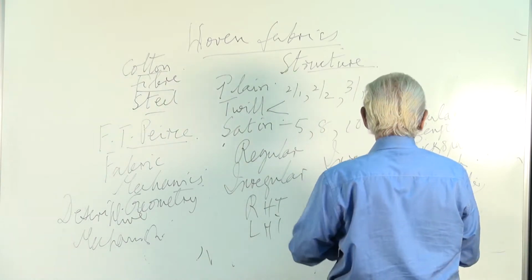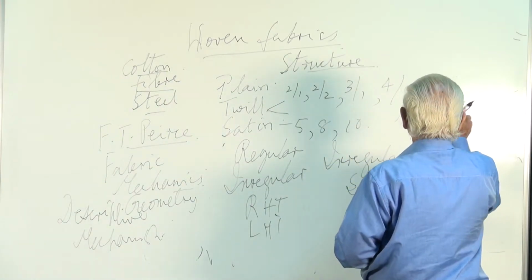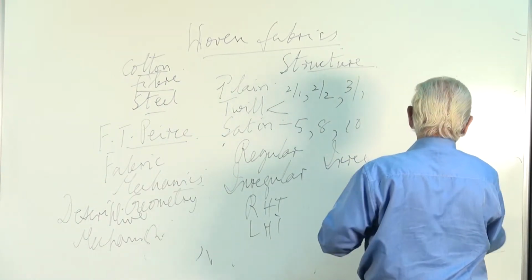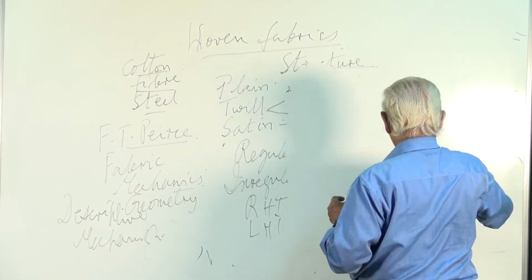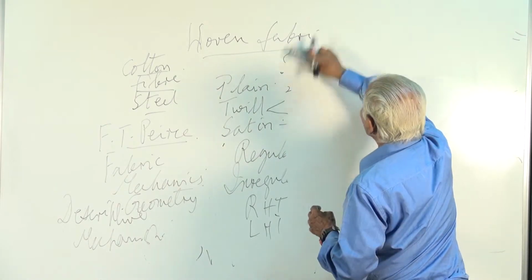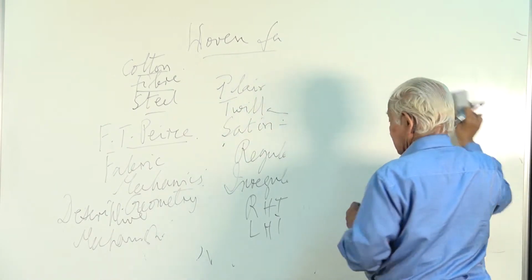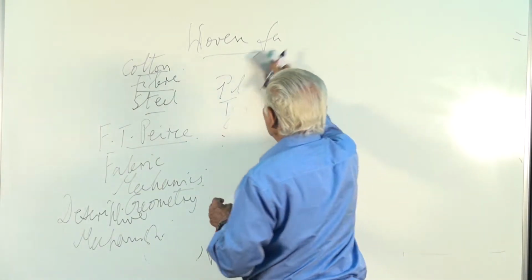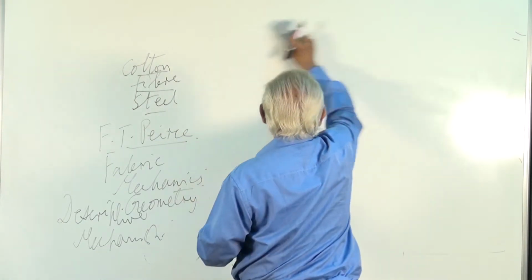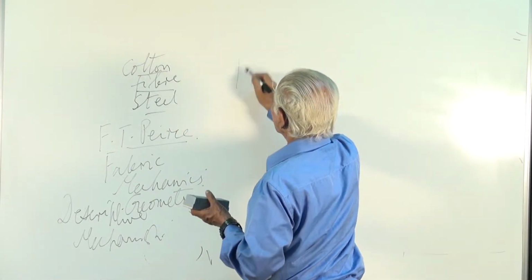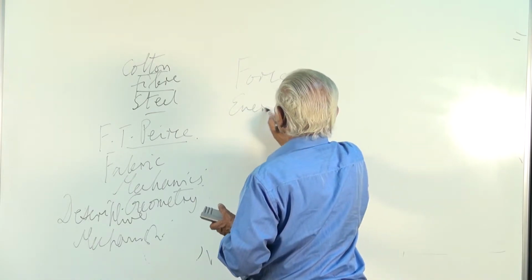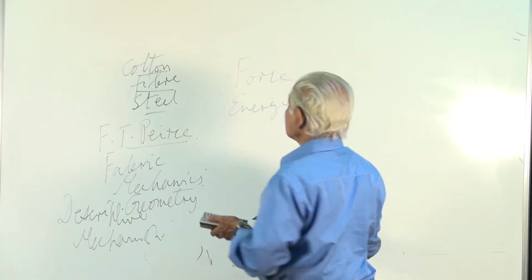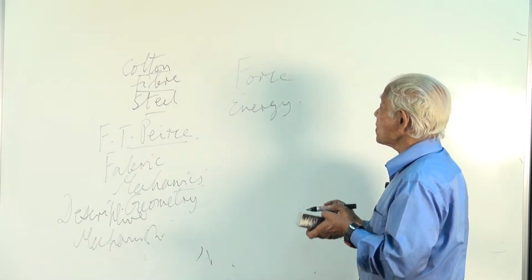So, a considerable amount of studies has been made using this Peirce's model for predicting the bending, shear and tensile properties by various research workers, and they used various techniques also for predicting. One is the force method, the other is the energy method. Energy is a scalar, force is a vector.